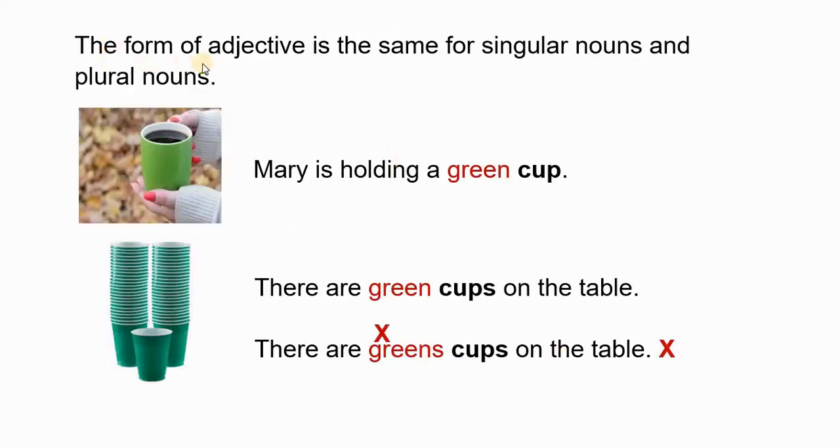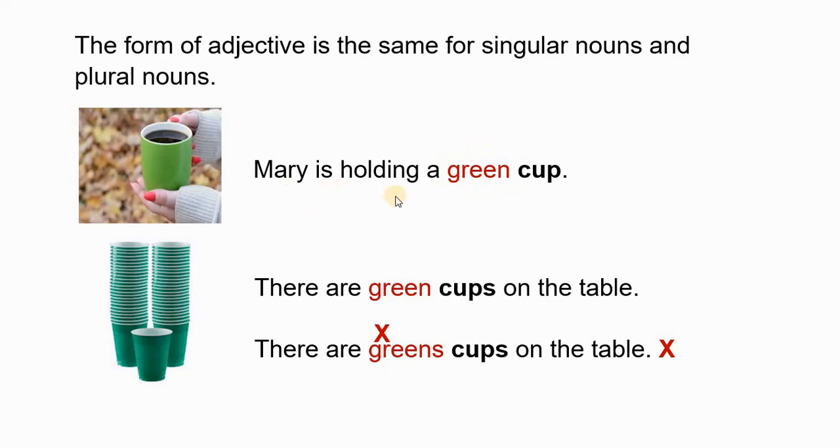The form of adjective is the same for singular nouns and plural nouns. This is very important. For example, Mary is holding a green cup. So here the noun is singular, cup, and the adjective is green.